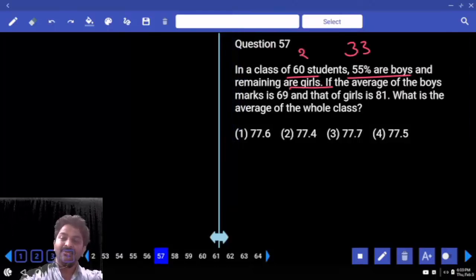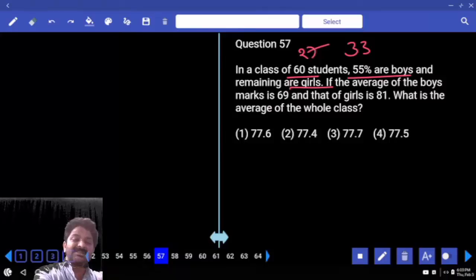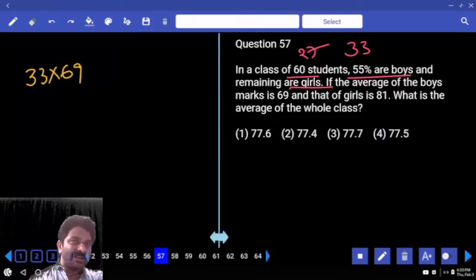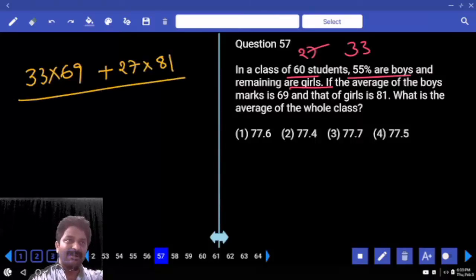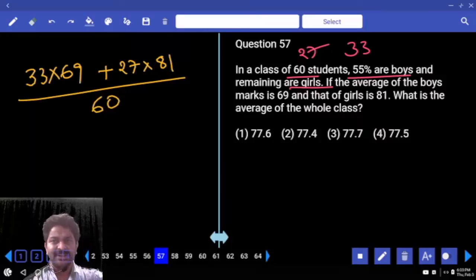Remaining 27 are girls. Boys' total marks are 33 into 69, girls' total marks are 27 into 81, and the overall average is divided by the total number of students, 60. If you solve this, you will get the answer.